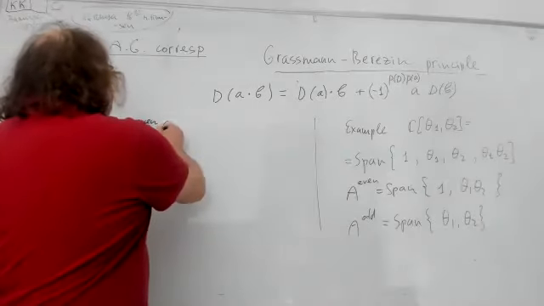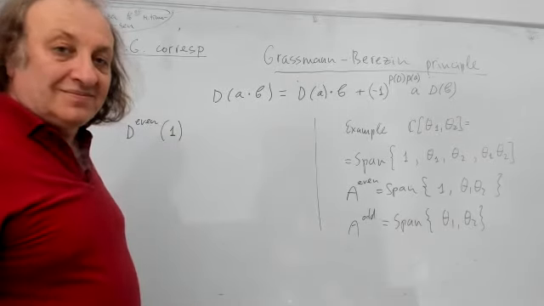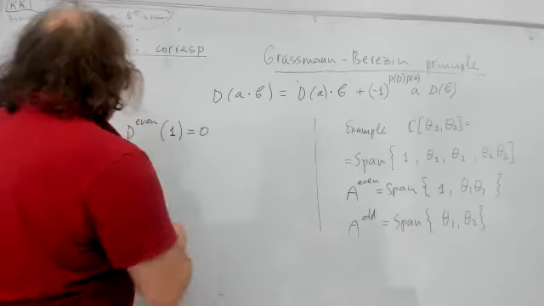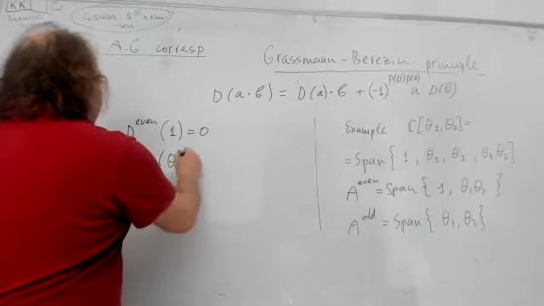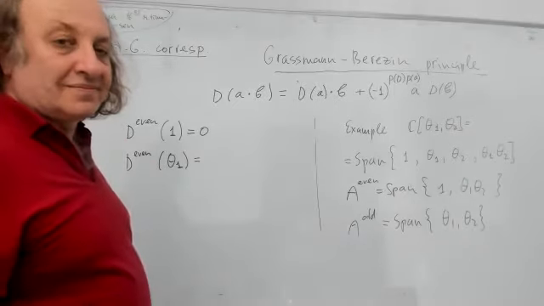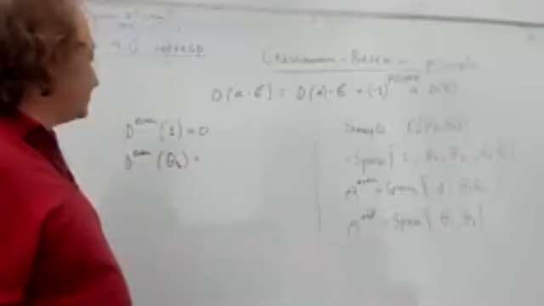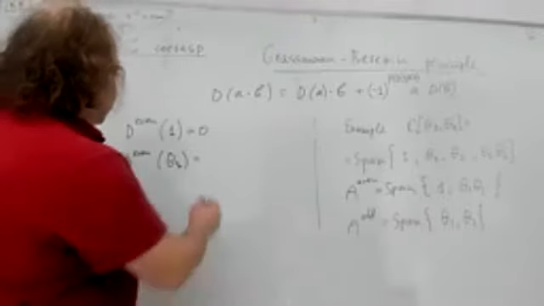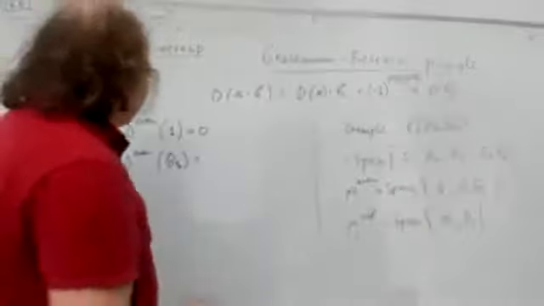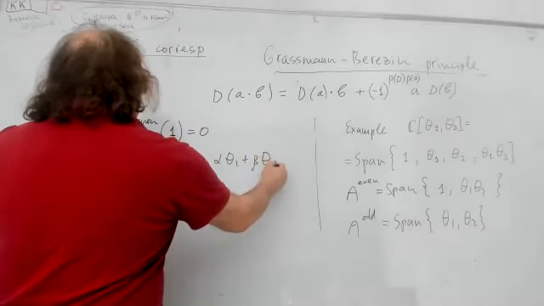Okay, so first of all, D even on 1 should be what? No, 0 by the previous arguments. Great. Then D even on theta 1, what would it be? It should be a linear combination of theta 1 and theta 2. Okay, great. Alpha theta 1 plus beta theta 2.